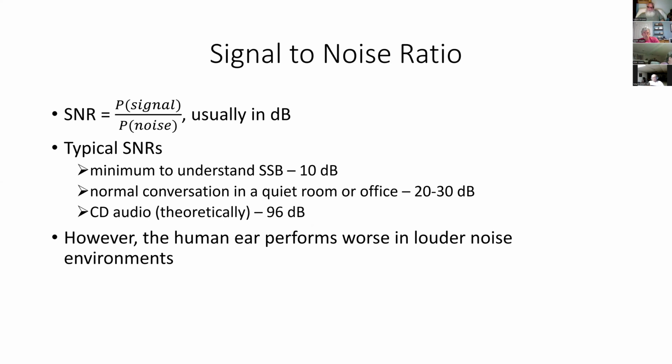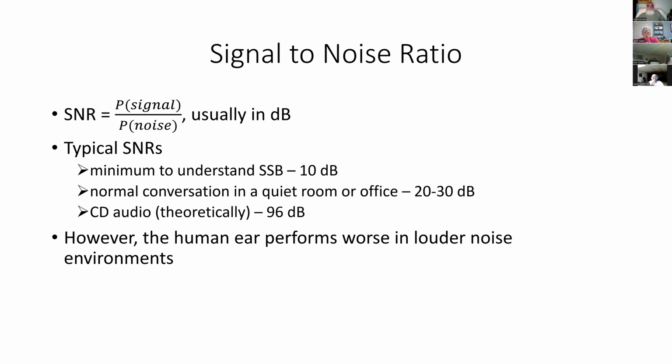Now, theoretically, the digital audio coming from a compact disc has a signal to noise ratio of 96 decibels, which is to say the noise from digitization is 96 dB below the peak signal levels.